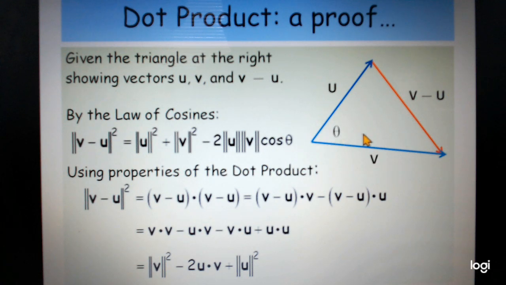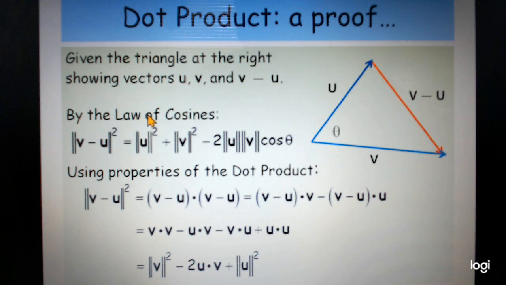And V minus U would be the head minus the tail. So in the arrow going from here to here, this is the head, this is the tail. The head comes from the V, and the tail comes from the U. That's why this is V minus U and not U minus V. So don't forget, vectors are always represented by head minus tail.